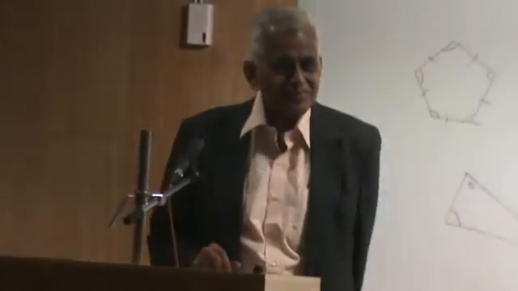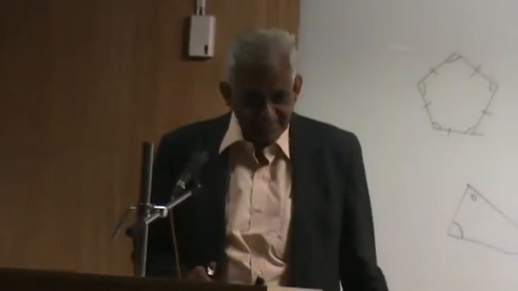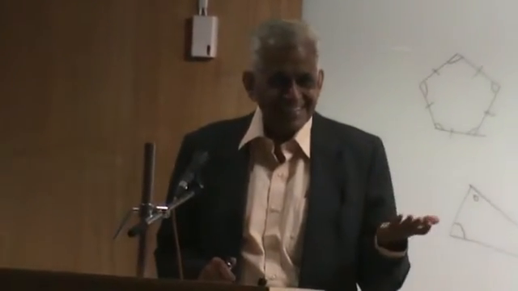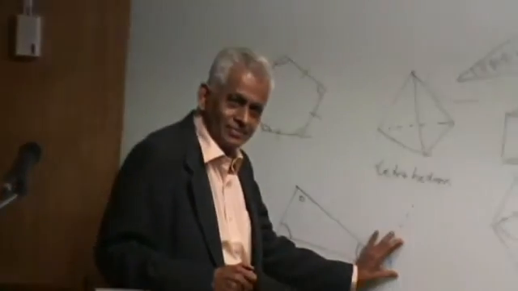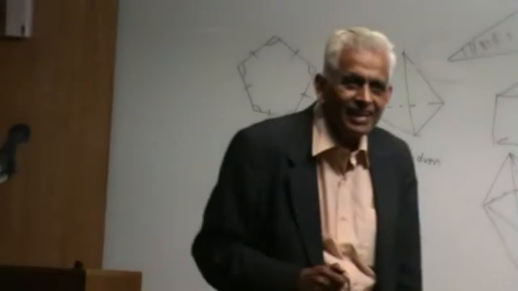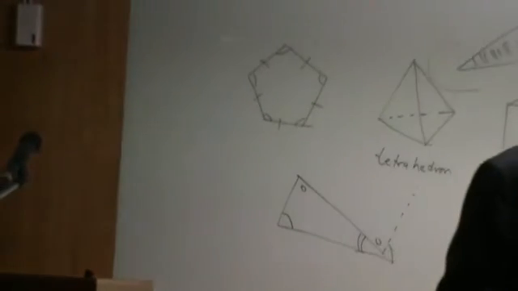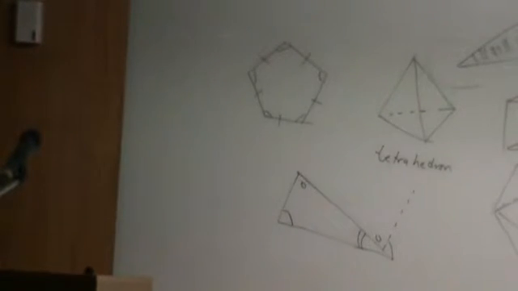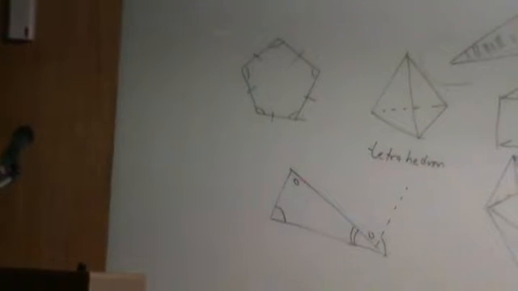Congruence was not defined. So he had motion in his mind, move it. No, so he certainly had that in mind. So certainly he would say that this is congruent to that. He did not define congruence.